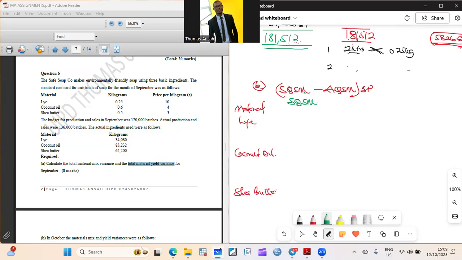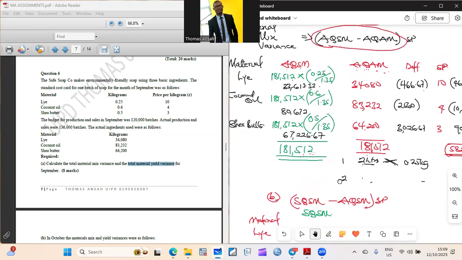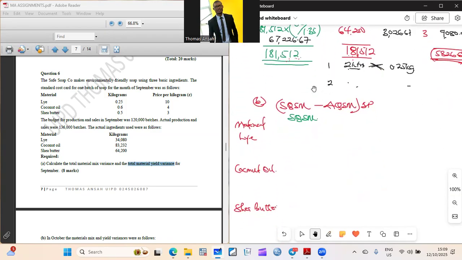So what will it be? Here you have to be a little careful, because remember, that is something we've been saying. When it comes to SQ, what did we say? Flex the SQ with what? Actual production. If you forget that thing in variance, you are dead.